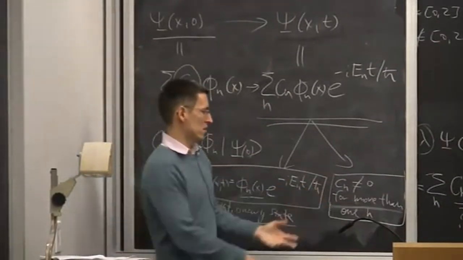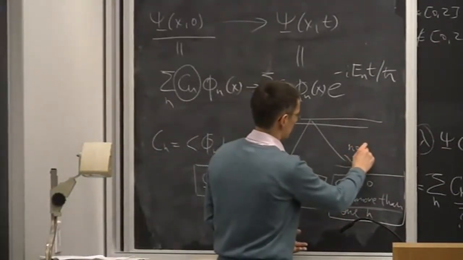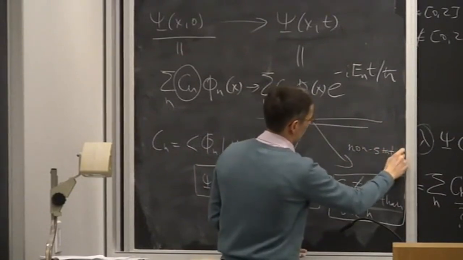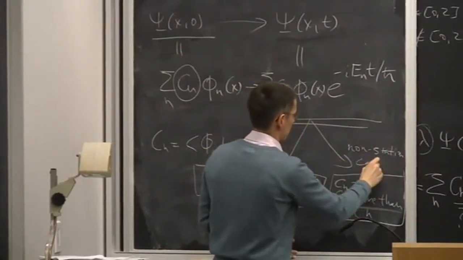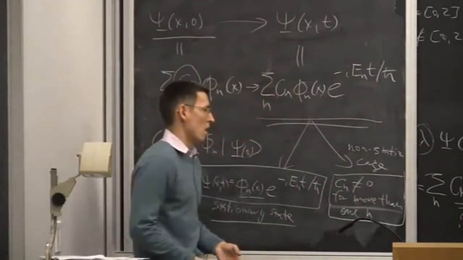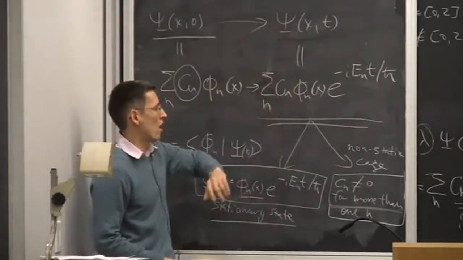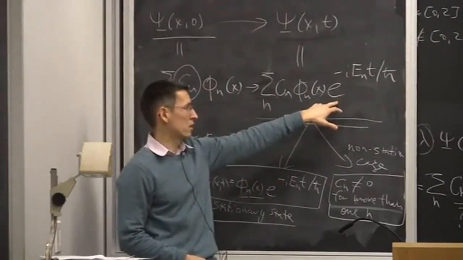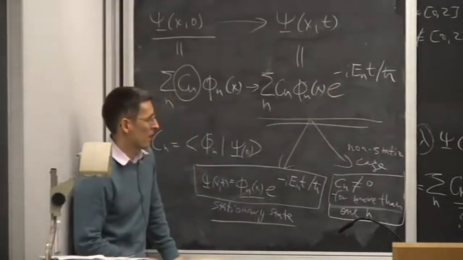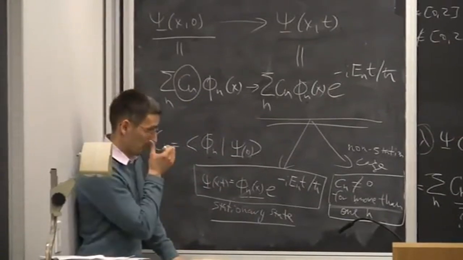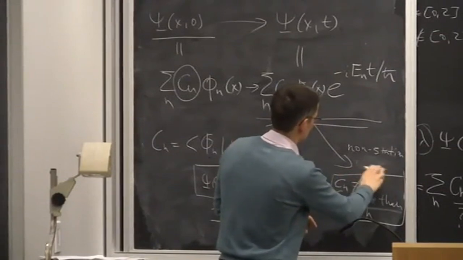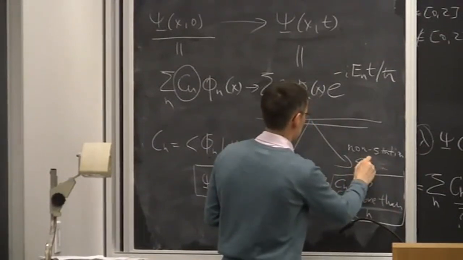And in this so-called non-stationary case, we have more than one product of the spatial part with the time exponent, all right? And that's called a non-stationary state. Write it down. Non-stationary state.